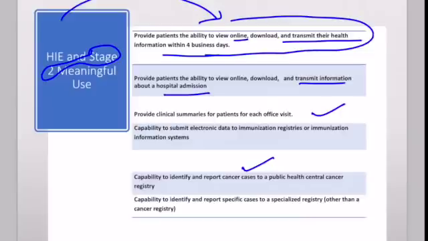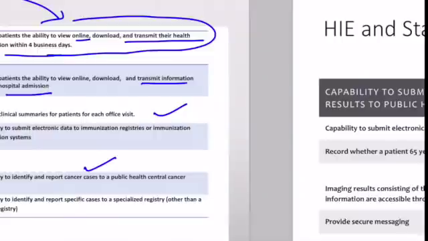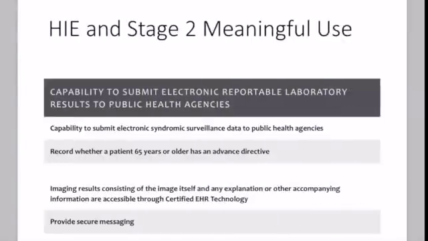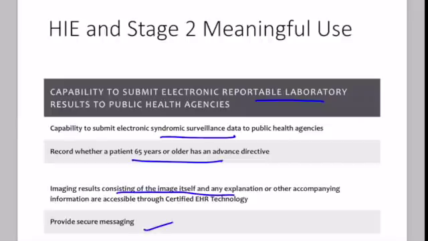Capability to identify and report specific cases to a specified registry. Some more examples: capability to submit electronic reportable lab results, capability to submit syndromic information, record whether a patient is 65 years or older and has advance directives, some secure messaging, and some imaging exchange ability.